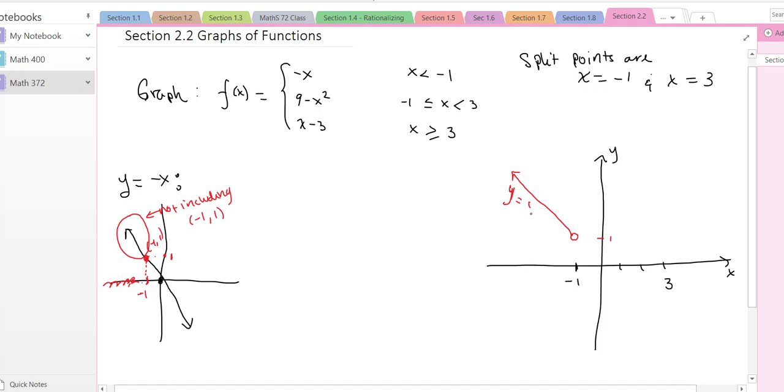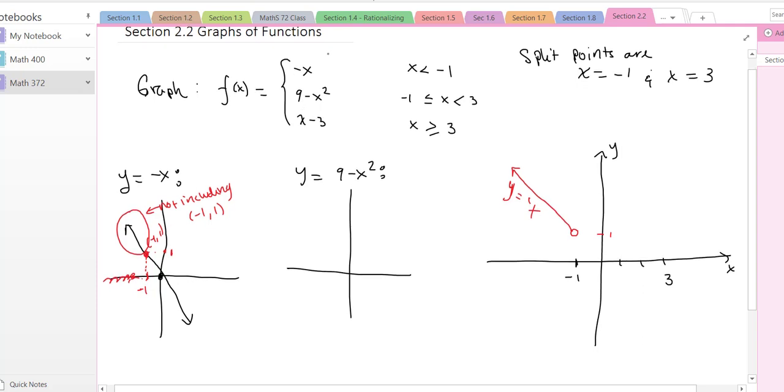Now for the middle part, 9 minus x squared, what does y equals 9 minus x squared look like? This is a parabola. If you still need to evaluate points, like a t-chart, to see what this looks like, then go ahead and do that. Plug in values like -2, -1, 0, 1, and 2.